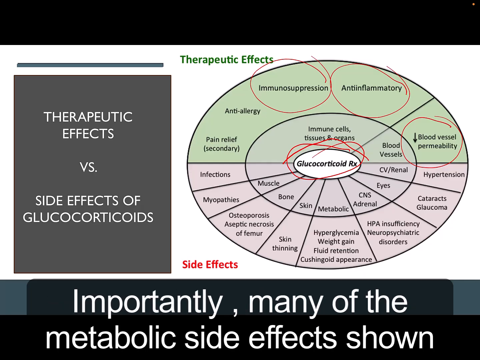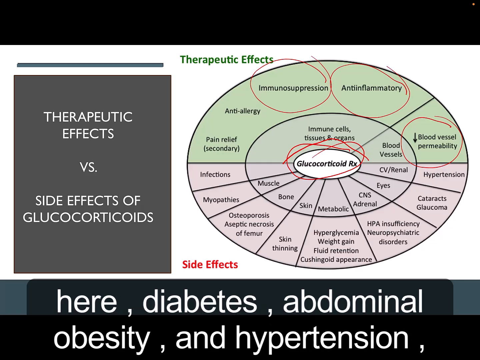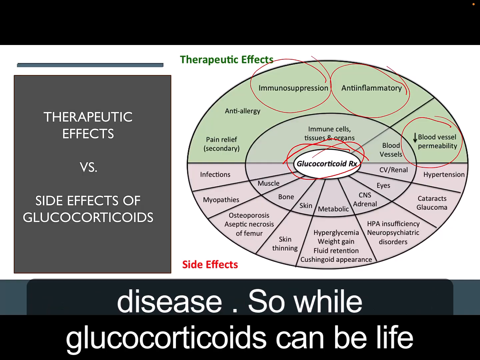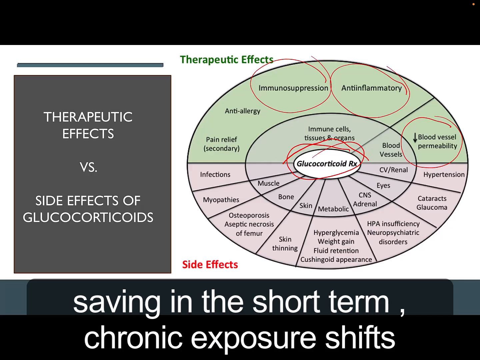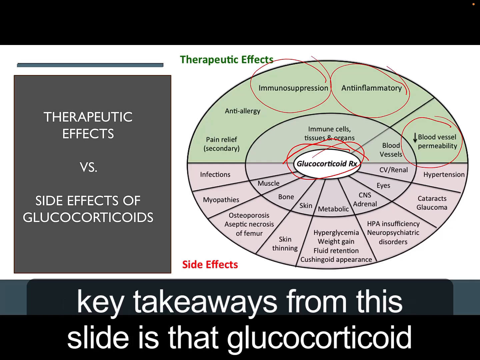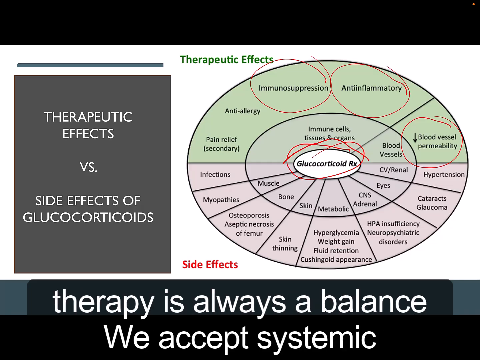Importantly, many of the metabolic side effects shown here, diabetes, abdominal obesity, and hypertension, are the same risk factors that drive cardiovascular disease. So while glucocorticoids can be life-saving in the short term, chronic exposure shifts patients towards long-term cardiometabolic risk. The key takeaway from this slide is that glucocorticoid therapy is always a balance.